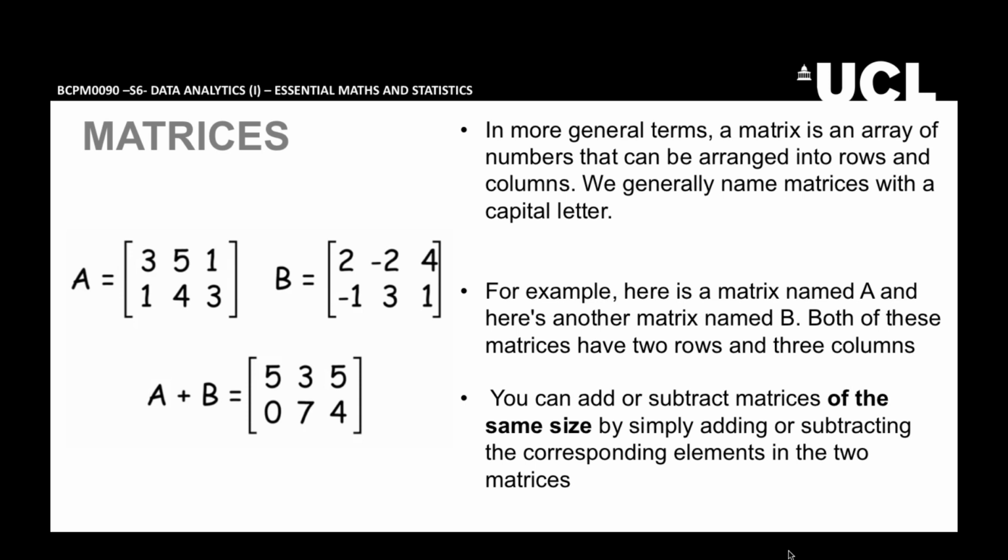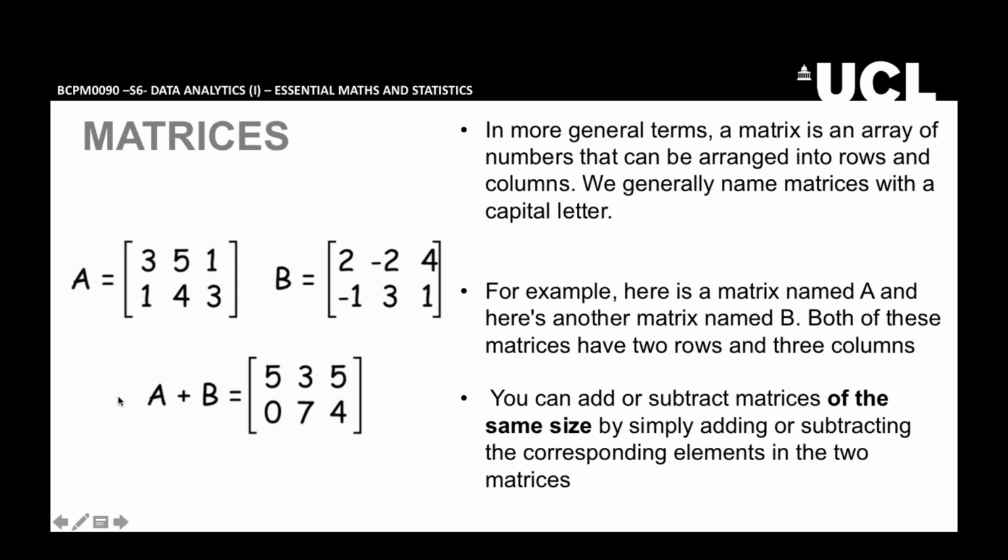Overall, a matrix is an array of numbers that can be arranged into rows and columns. And we usually designate a matrix with a capital letter. Here we have two matrices, matrix A and matrix B. Both have two rows, as you can see, and three columns.